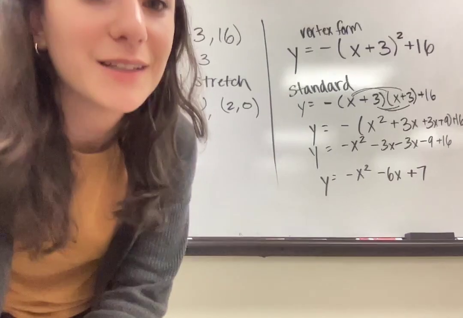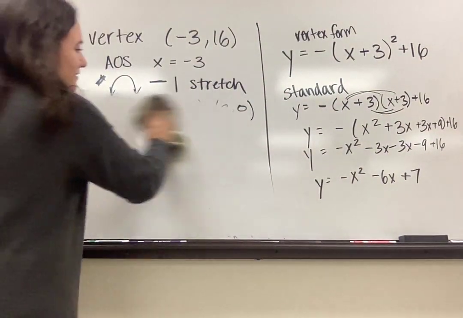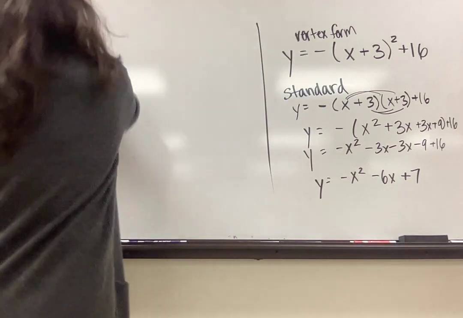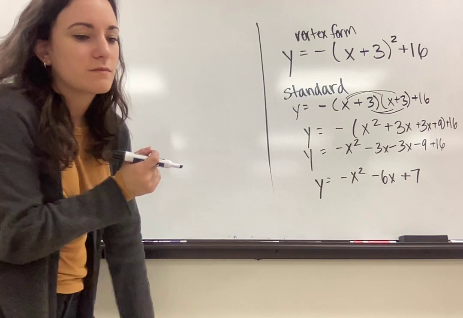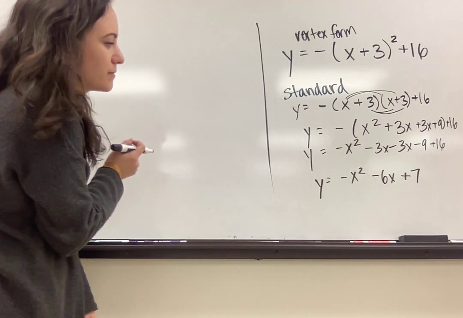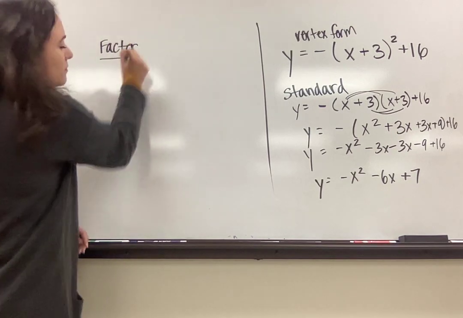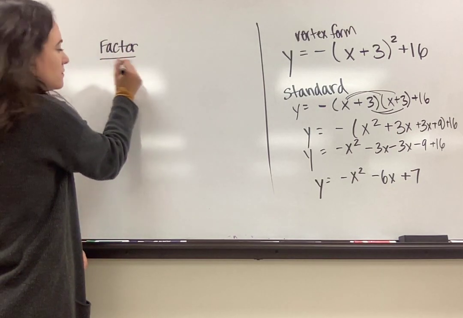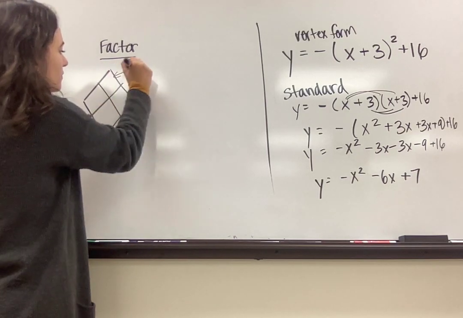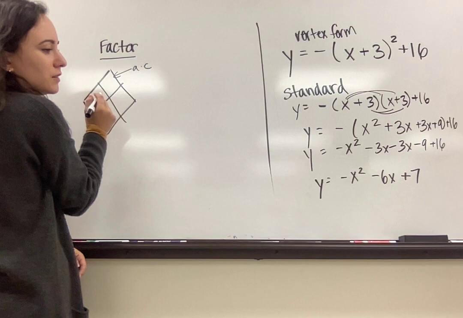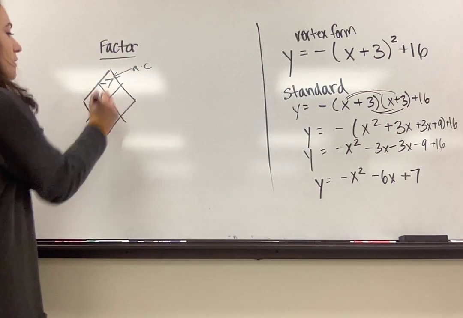Okay. And then finally, add a factor. A times C: -1 times 7 is -7. B on bottom.